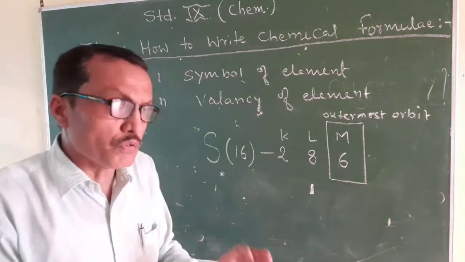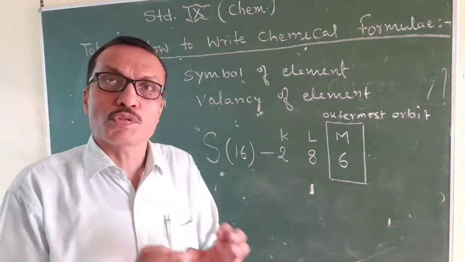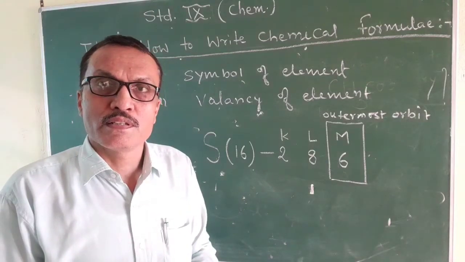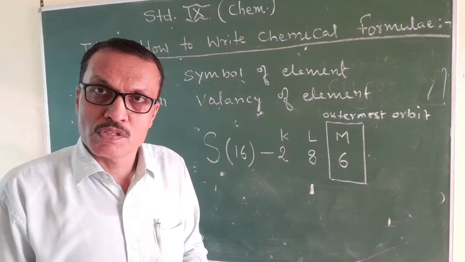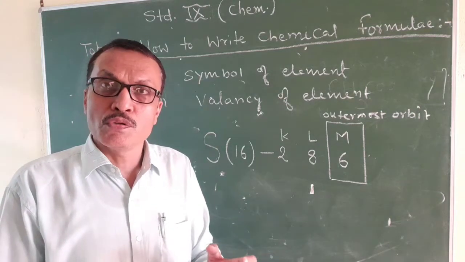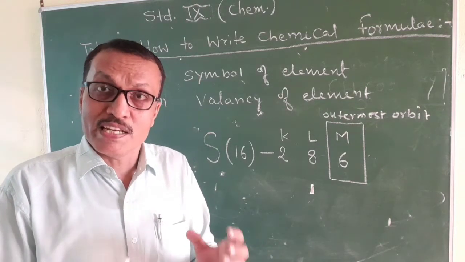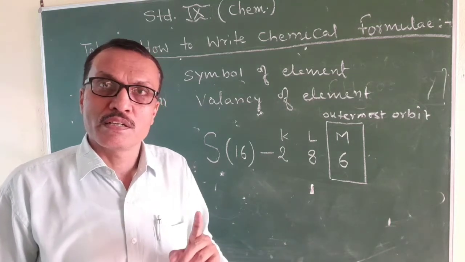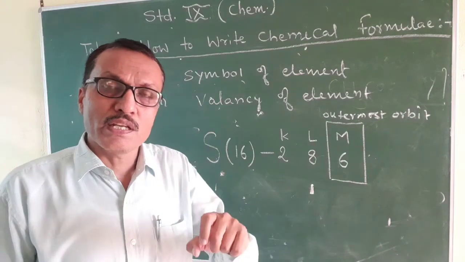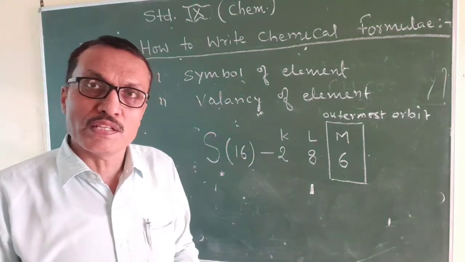Electrons present in the outermost orbit are known as valence electrons. So if anyone asks you what the valence electrons in sulfur are, your answer should be 6.